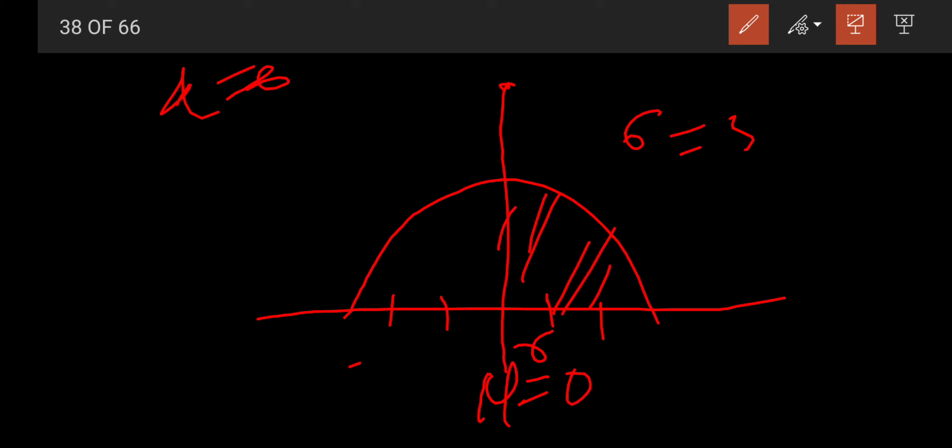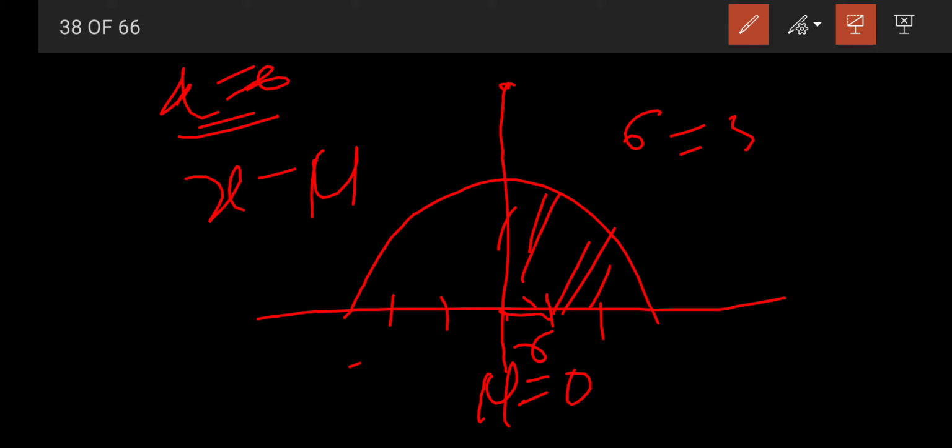Now I'm looking at how much it deviates from the mean, so x minus mu, and how much it can spread. The standard deviation denotes the spread, right?